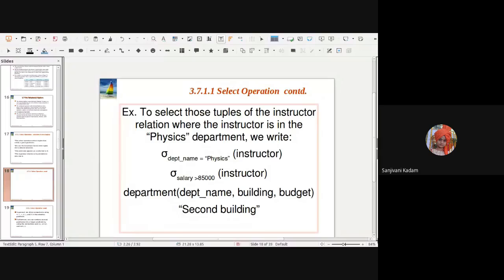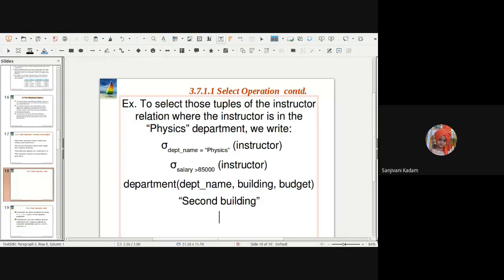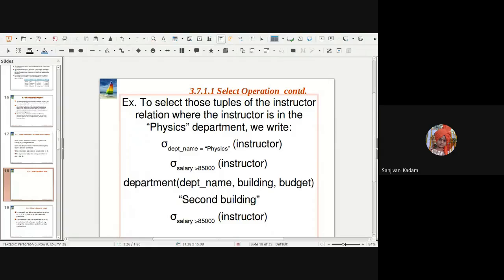How can we write the query here? How can we modify the current query to satisfy the given requirement? Whatever department I am talking about, give the department tuple which is in the second building. Ma'am, sigma department equal to second building. Department, sorry.